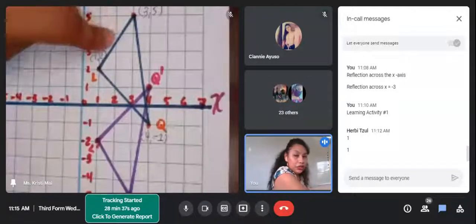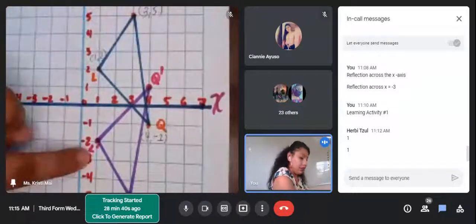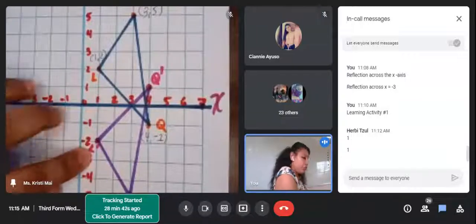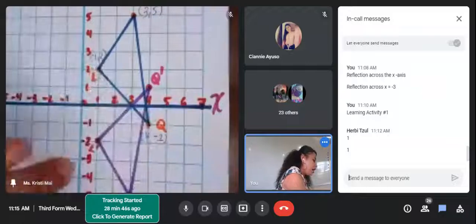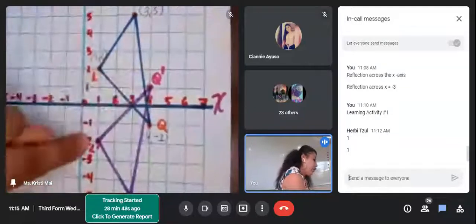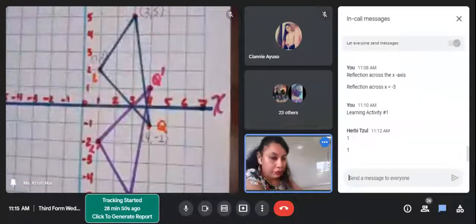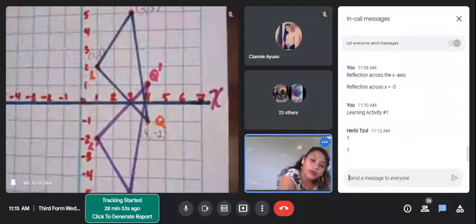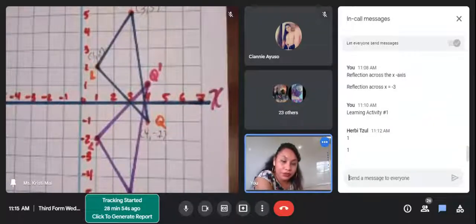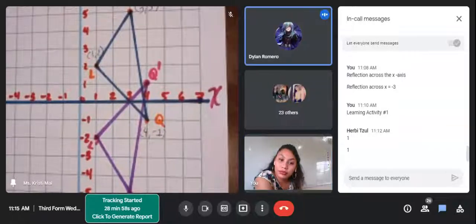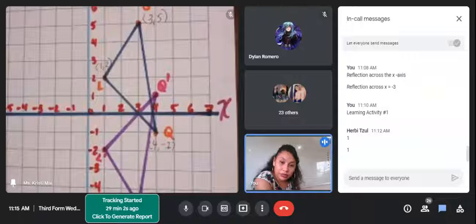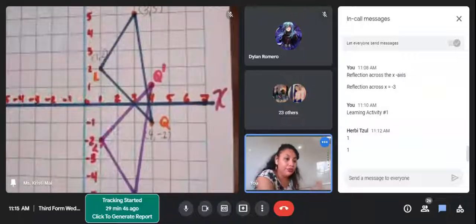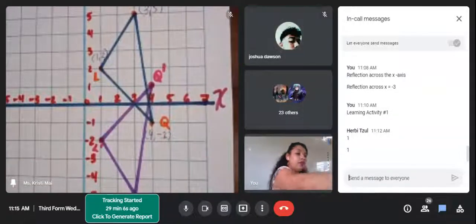The one in blue is the original, the one in purple is the reflection. And your points are labeled G, L, Q, G1, L1, Q1. Any questions? No, miss. Everybody has this one? Can I move on? Yes. Okay.